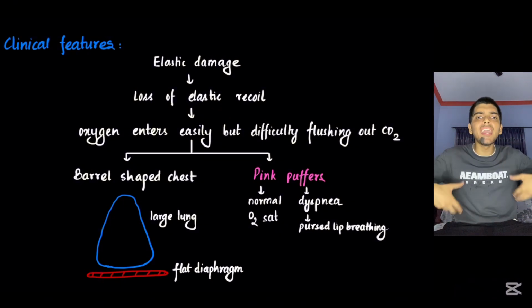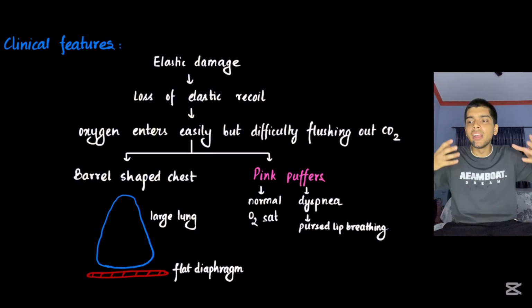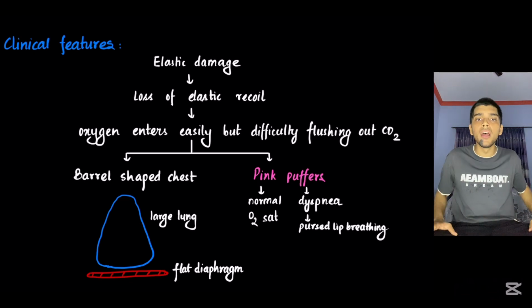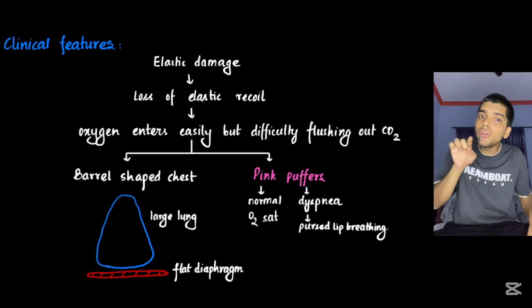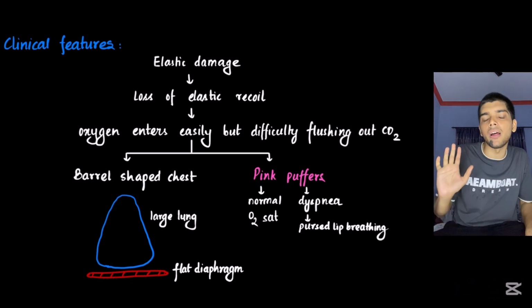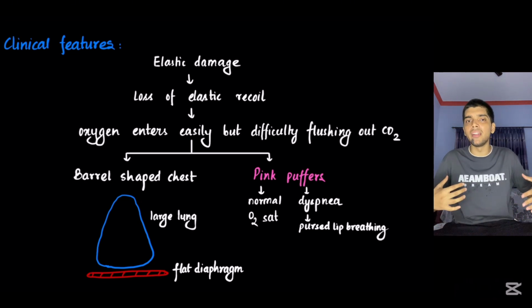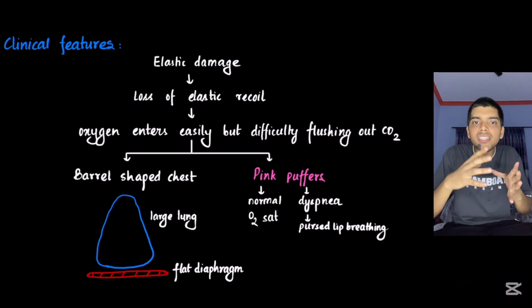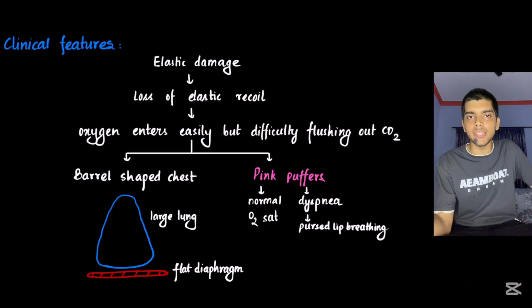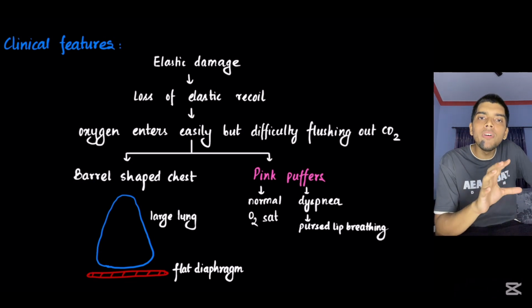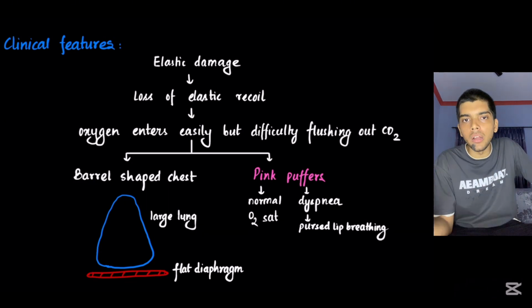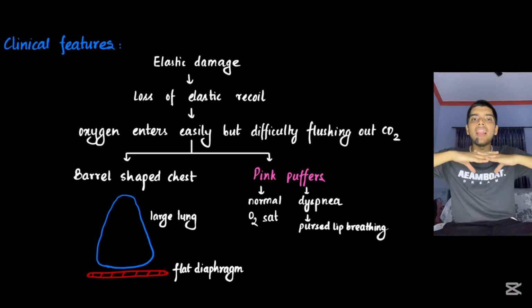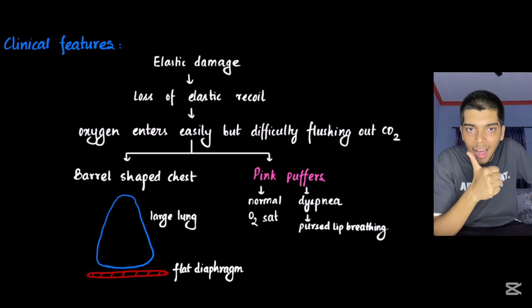Enough air is being inhaled, the lung is filled with air, but the person is not able to exhale air out. Enough is being inhaled, so the lung grows larger in size due to overinflation. The diaphragm gets flattened as it gets pushed down. So overinflated large lung with flattened diaphragm.